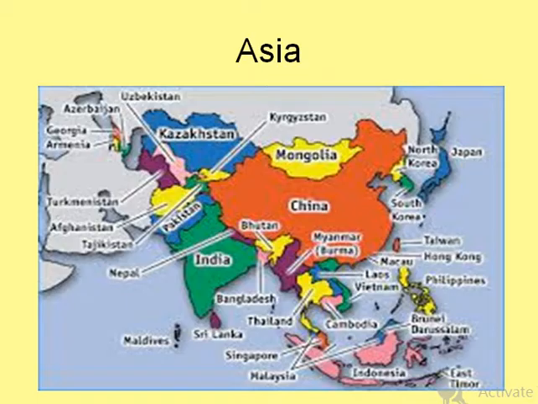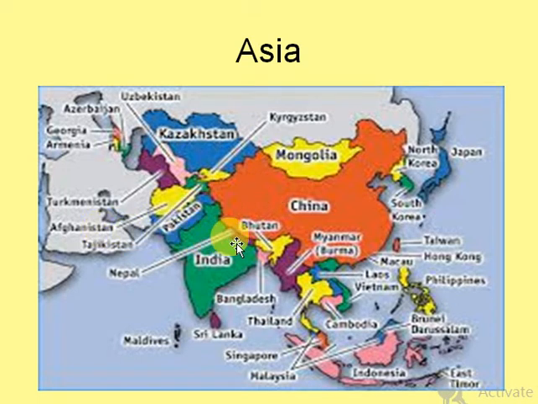So look at the map. This is your Asia. So it is the largest continent and covers about 1/3 of the total land area of the earth. The continent lies in the eastern hemisphere.